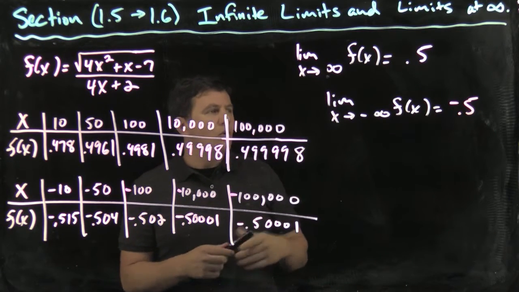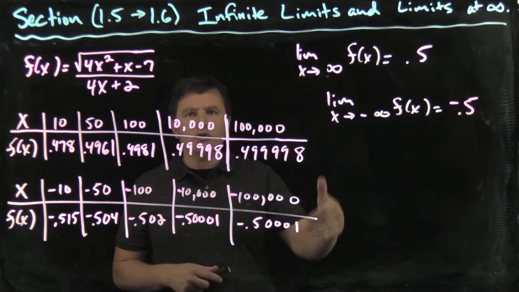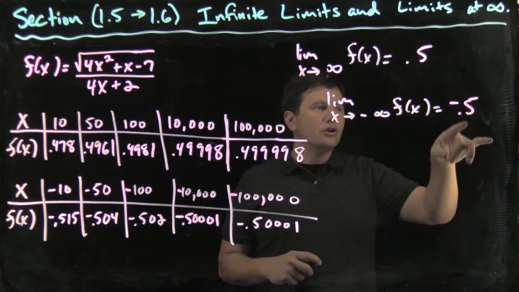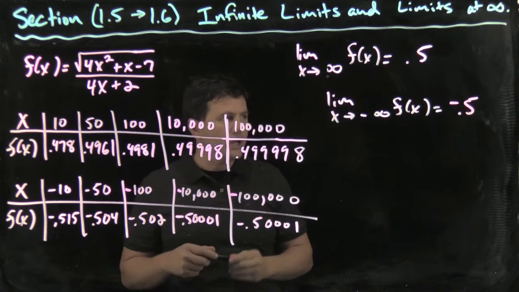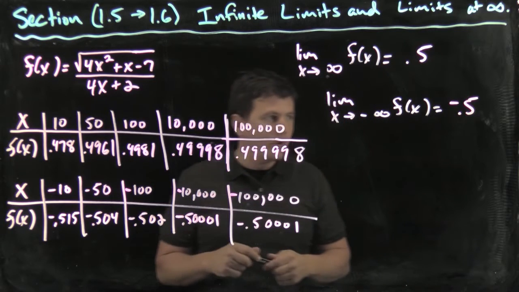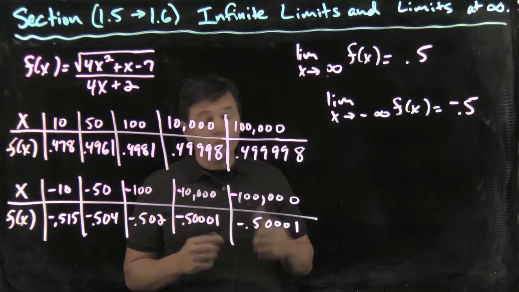If you weren't convinced, you could go negative 1 million, negative 1 billion, et cetera, and you will see that this gets closer and closer to negative 0.5. And once again, we can get it as close to negative 0.5 as we choose.